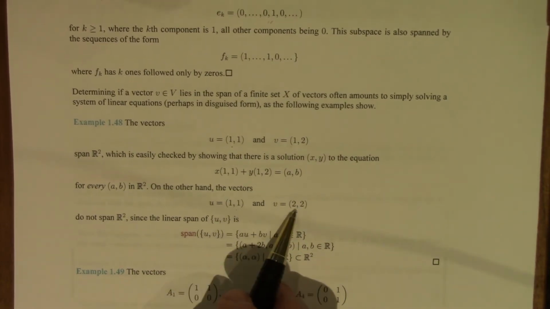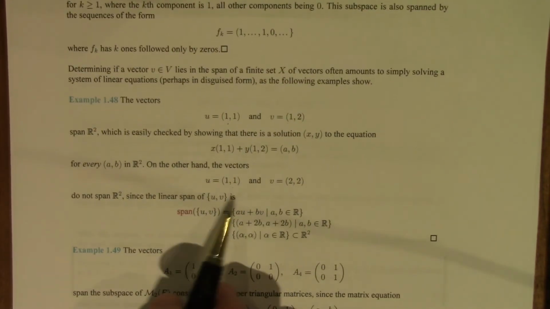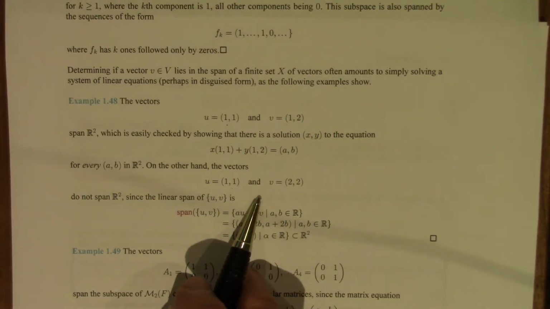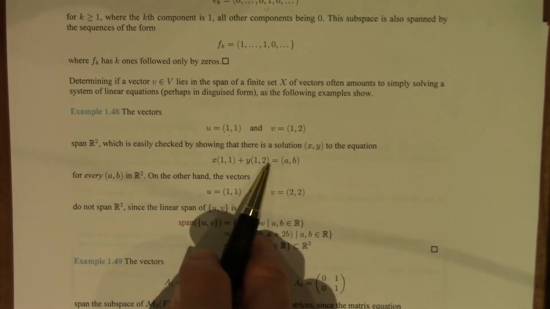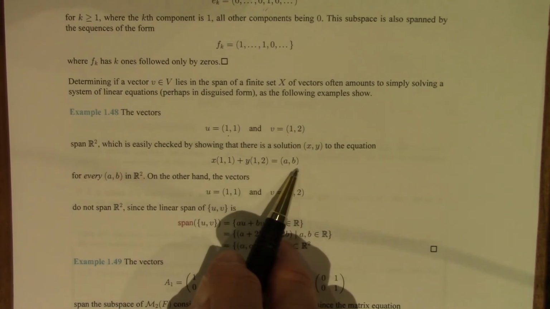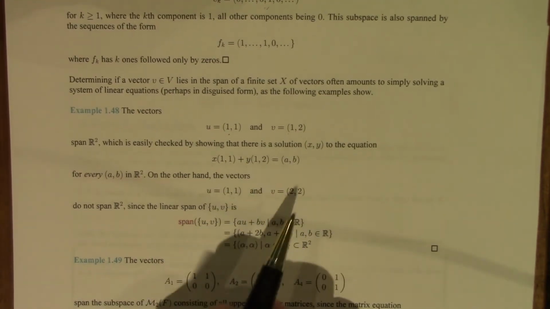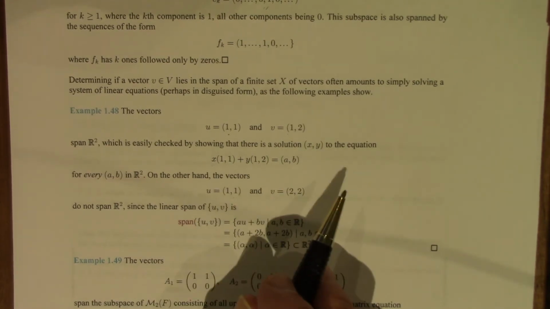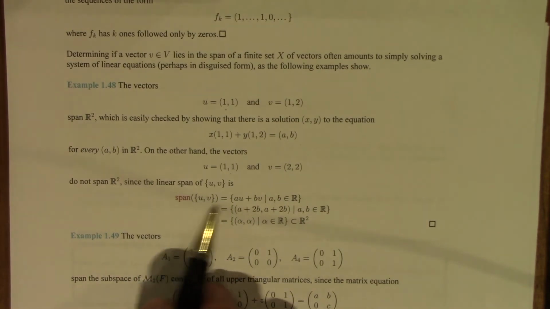These two vectors do not span R2. In fact, their linear span, and you could show that in a manner that's similar to what we just talked about, you could set up the equation and show that for some (a, b) there's no solution. But another way to approach this is to just compute the span.